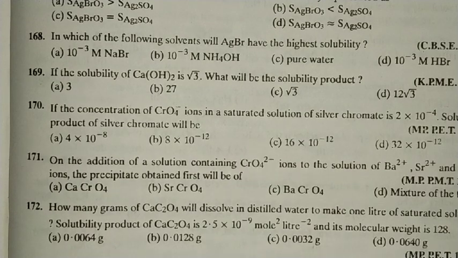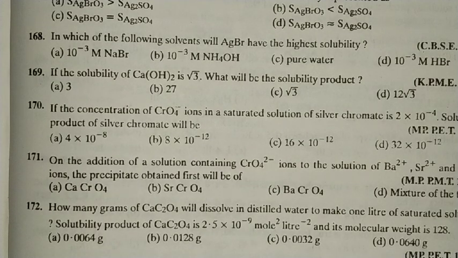Look at the next question. If the concentration of CrO4 2- ions in a saturated solution of silver chromate is 2 × 10^-4, the solubility product of silver chromate will be? Is it okay?